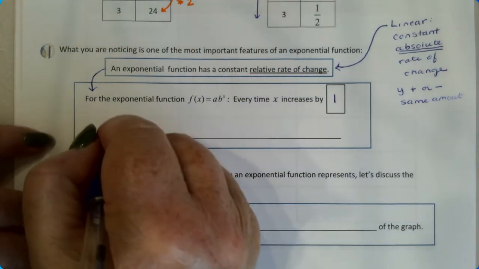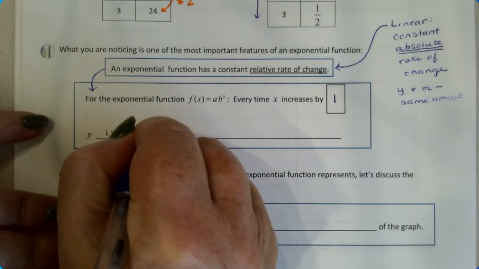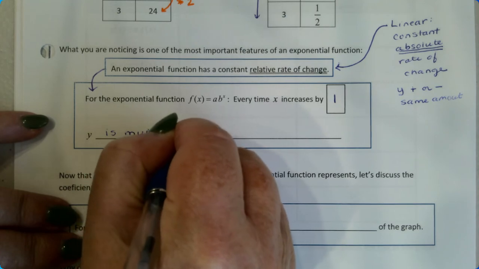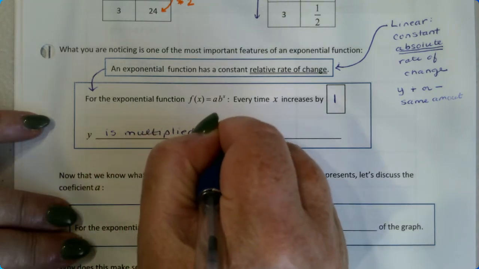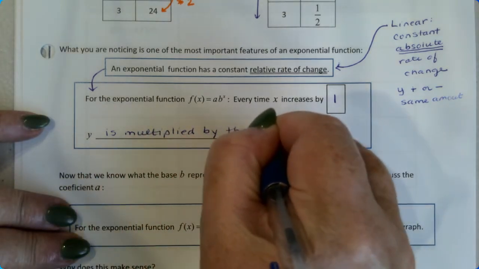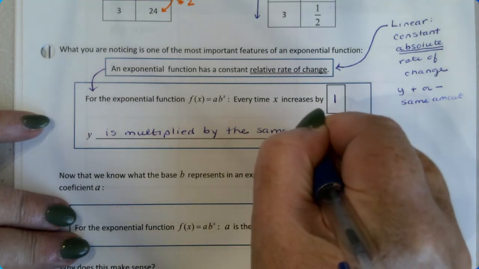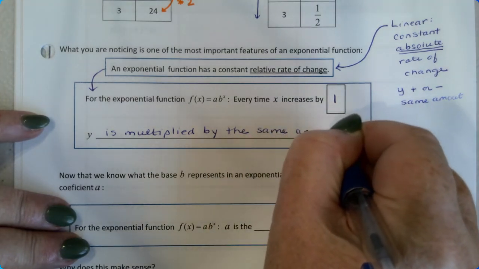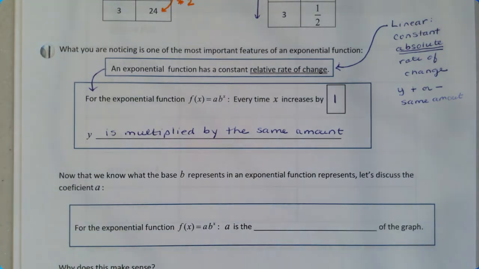This time, y is multiplied by the same amount. And that's a distinction we're going to come back to a number of times. Let me highlight that one more time.